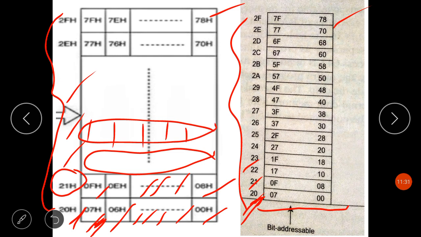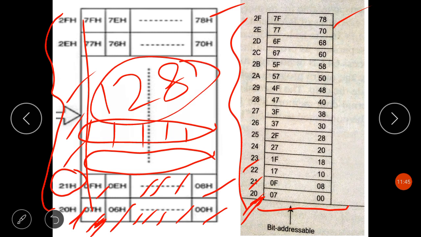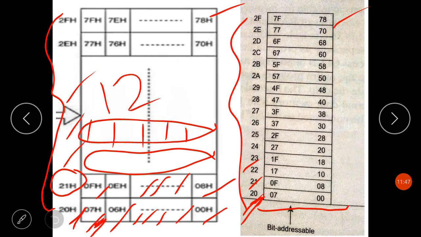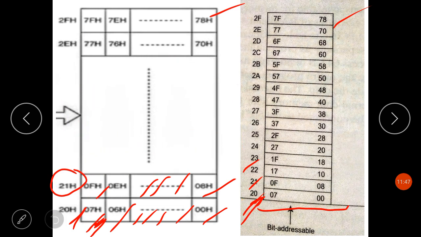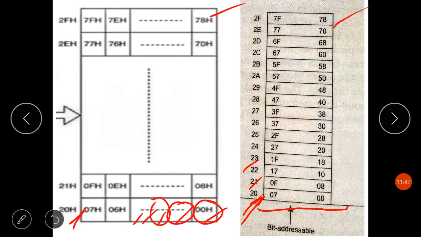So in total there are 128 bits. How 128? Because one address has 8 bits and there are 16 addresses. So for 16 addresses, how many bits? 16 into 8, that is 128 bits. Every one of the 128 bits has an address. That's why this memory is called bit addressable memory. Why? Because we can address individual bits also.